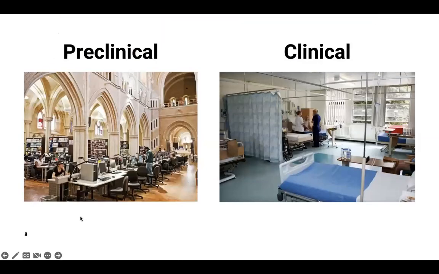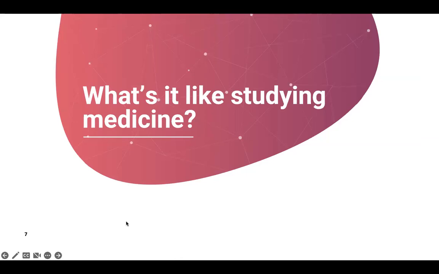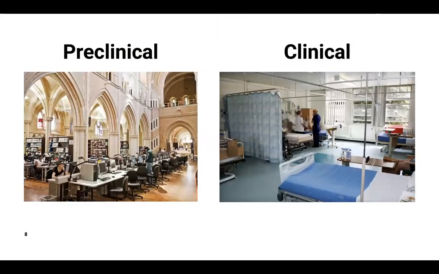Okay. So what's it like studying medicine? I'll give you a little bit of an overview. Usually in most universities, it's split into preclinical years and clinical years. Your preclinical years are years 1 and 2, and clinical years are years 3, 4, 5, or 3, 4, and 6, with the 5th year being your intercalated year, or the 4th year being your intercalated year. Intercalated year is usually a research year.